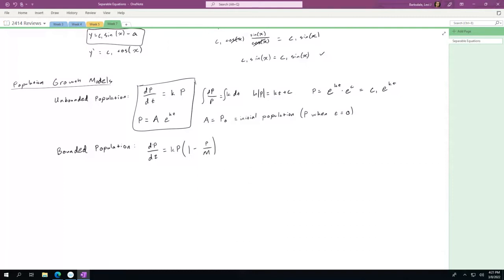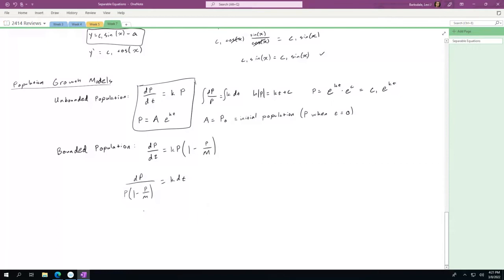So in this case, it's still technically a separable differential equation. Things just get a little trickier. We would have dP over P times (1 minus P over M) is equal to k dt. And this is solvable. We would need to use partial fraction decomposition here to decompose this into two separate components before we can integrate.